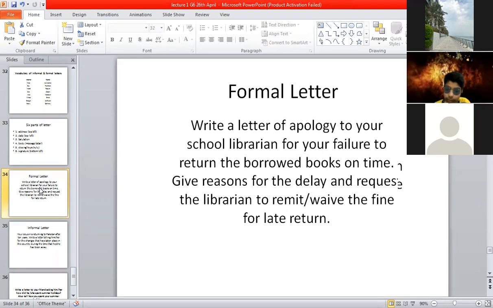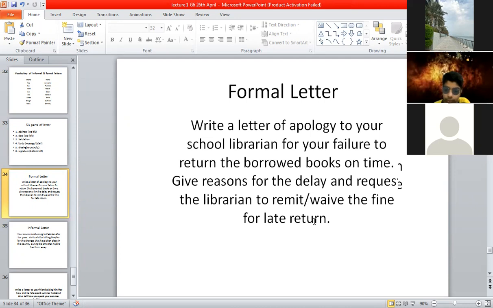So you have to write a letter of apology. And then you will also be telling the reasons why you did not return the books on time. And you will also request the librarian to remit the fine for late return.